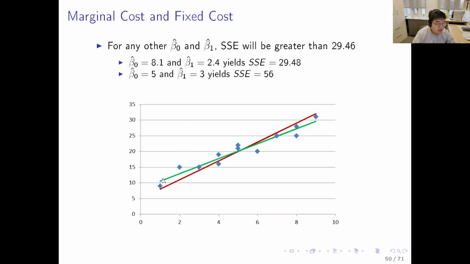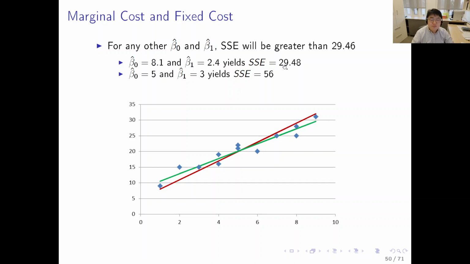I show you two different cases. The blues are the observations, and green is when you choose beta 0 to be 8.1 and beta 1 to be 2.4. If you try these numbers, you can calculate the new residuals, right?